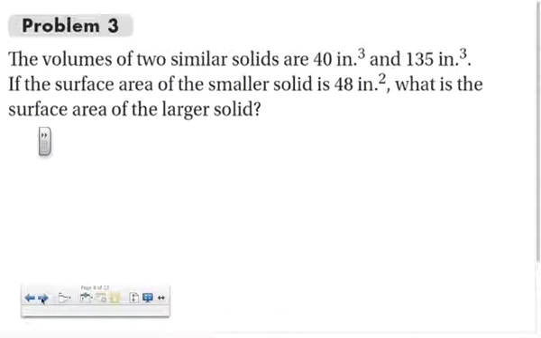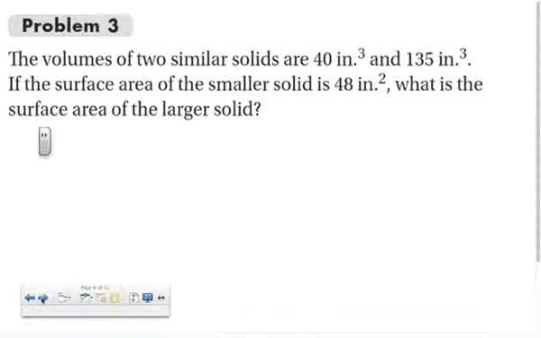Now in problem 3, just like what we did in chapter 10, we're using that scale factor. We're using that ratio of those similar figures in order to either find area or find volume. In problem 3, we're given the volumes, and we need to use that to find surface area. So think back to problem 2.